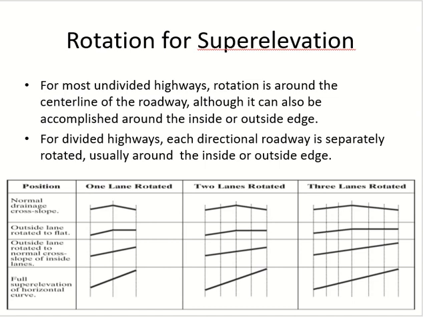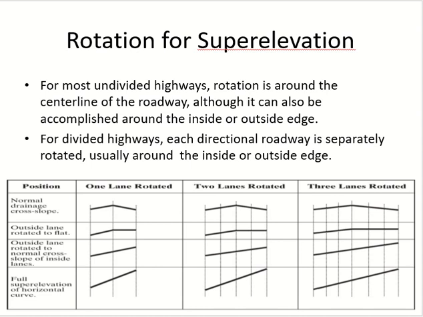Same two steps: normal to 0, 0 to full. But it can happen in three different ways: rotation around inside edge, rotation around outside edge, rotation around center line. Inside, outside, and center line.